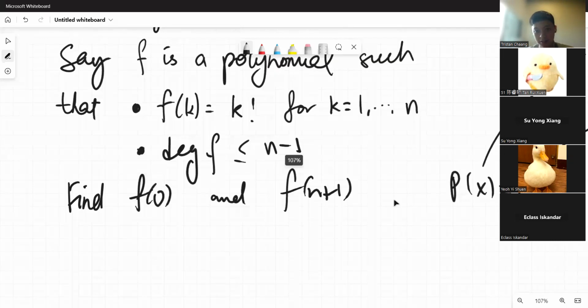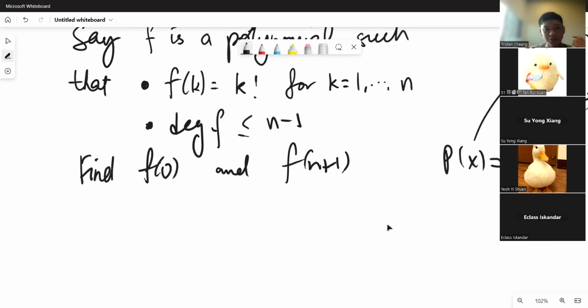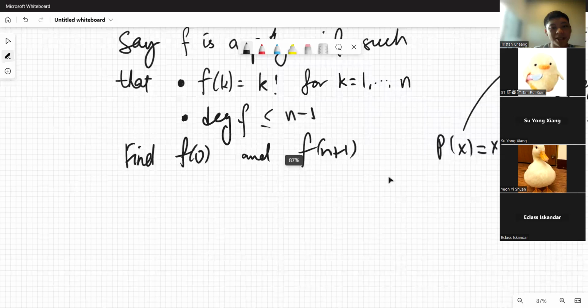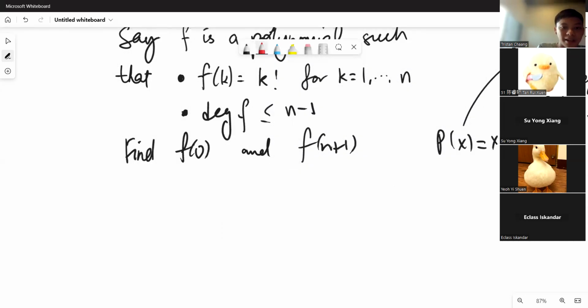Yes, let's try that. Because we just learned Lagrange, so let's try to use that. Here, k plays the role of x_k, and k factorial plays the role of y_k. This is a very large hint that we want to use Lagrange.